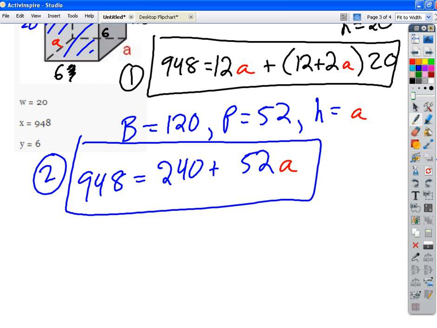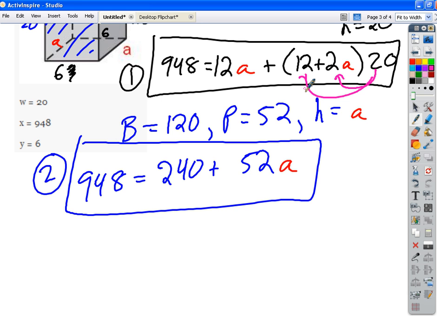What would I have to go through to solve for A in the first one? Yikes. I'd have to distribute the 20 first, right? That's going to give me 40A and 12A. I'm going to have to add up like terms so I get a single A term, right? And then I can start thinking about isolating the A.